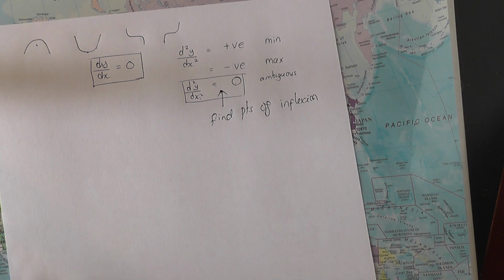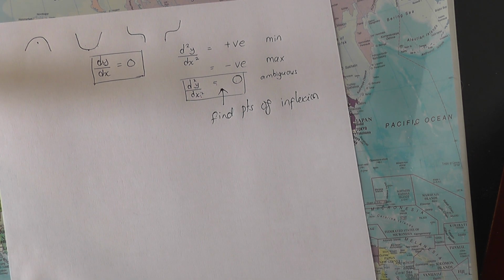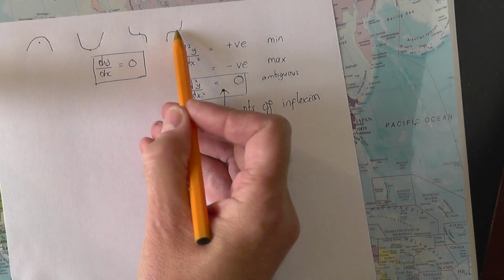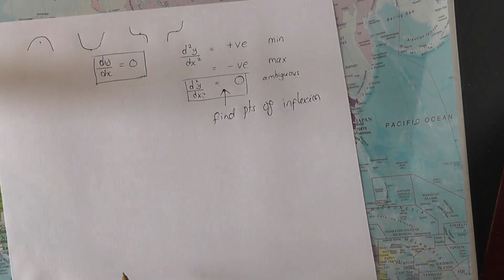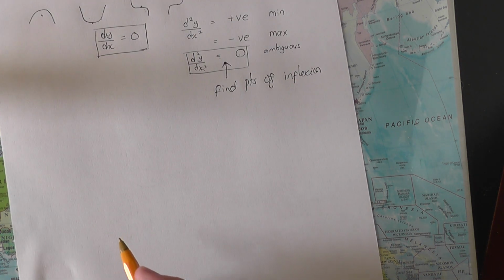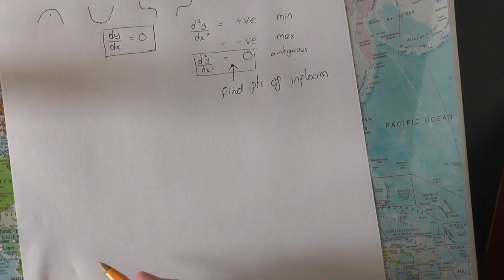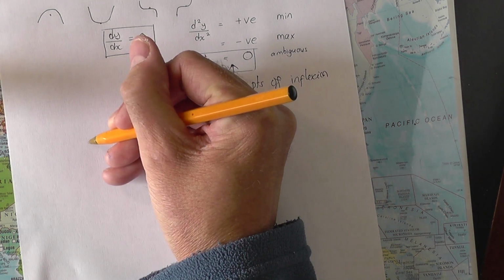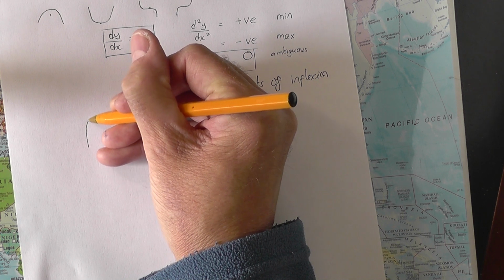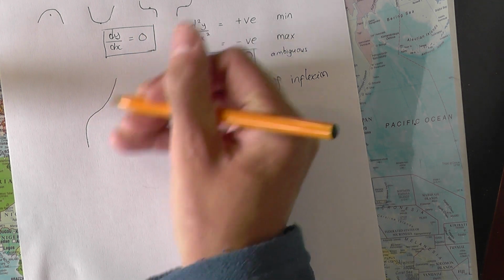Right, now, just to throw a spanner in the works even more, you can see these are points of inflection which are stationary points. But there are points of inflection which may not be stationary points, because you could have a curve doing this sort of thing, swinging round and then doing that.